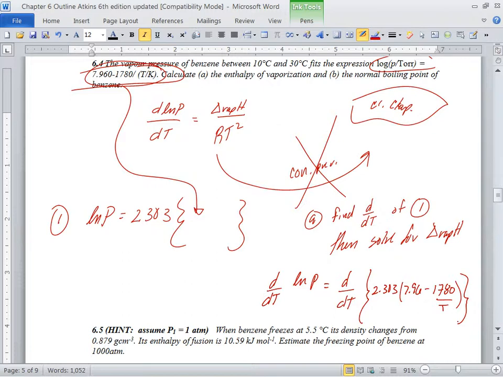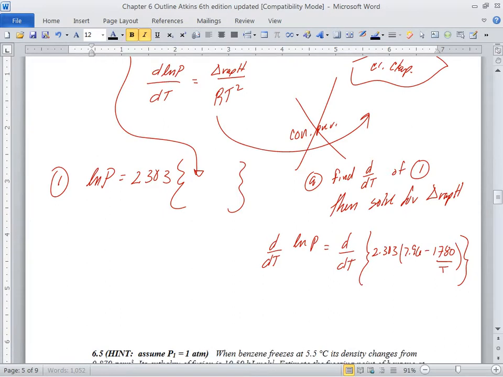Wait, only that's divided by t, not the whole thing. See what it says? 7.96 minus 1780 over t. And you set that whole thing equal to del vap h over RT squared. So the t squared should cancel on you.